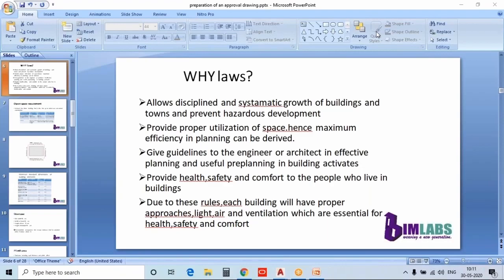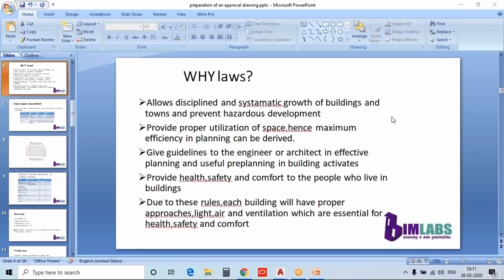The growth of a township is maintained by providing uniform height of buildings, uniform frontage, etc., so that the abutting road can easily be widened in future if required. They also provide health, safety, and comfort to the people who live in the building.